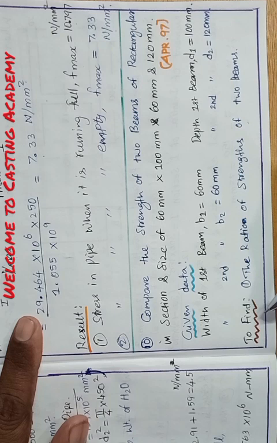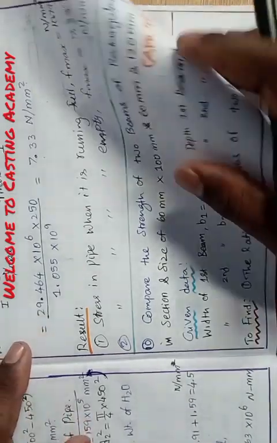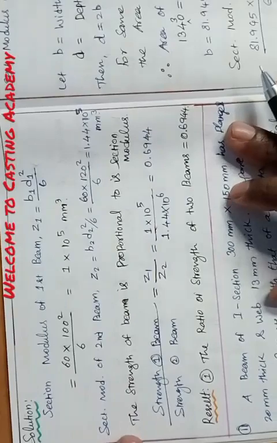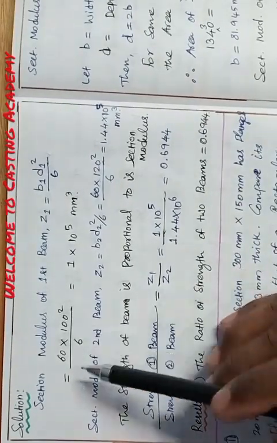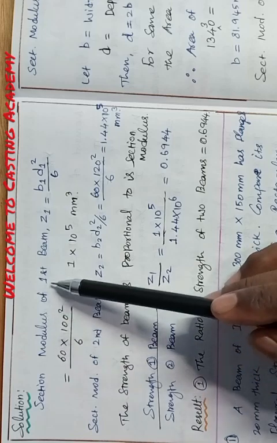So what we find: the ratio of strengths of the two beams. So here the solution, section modulus. We just consider the section modulus of the first beam.